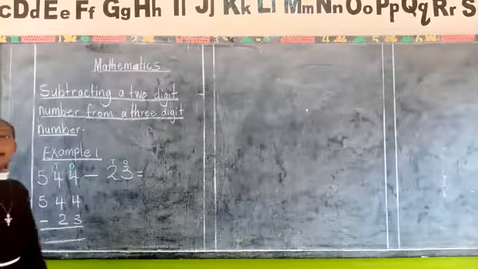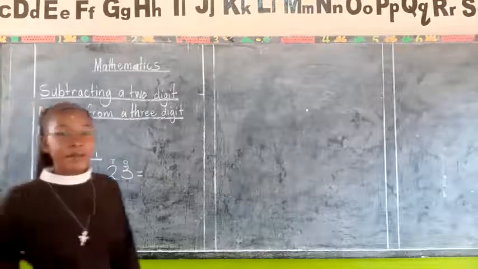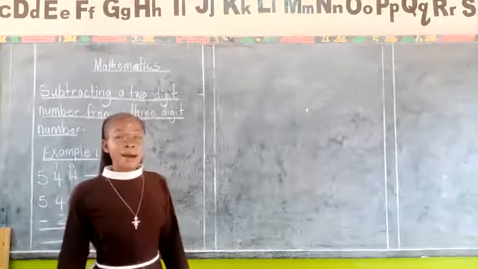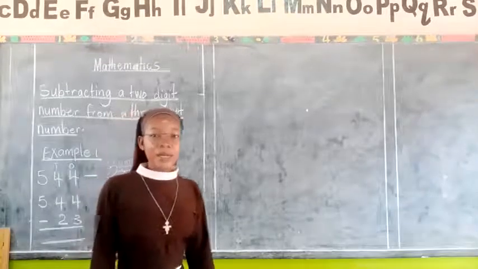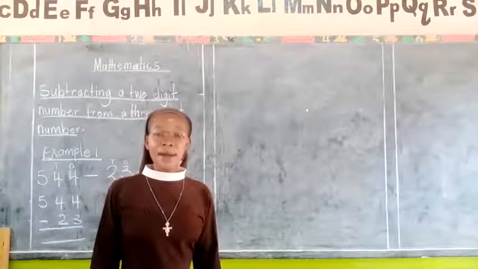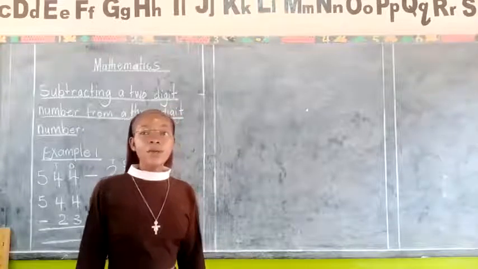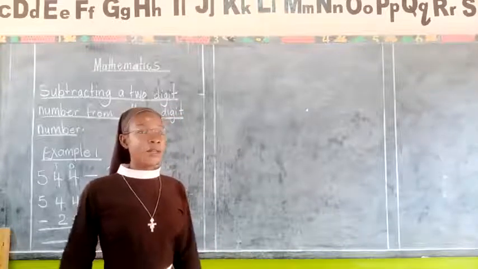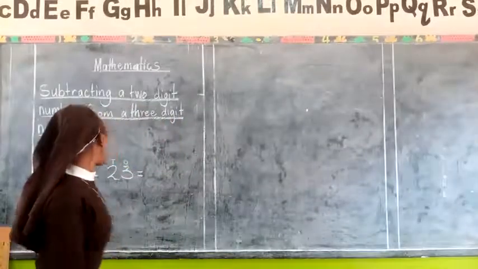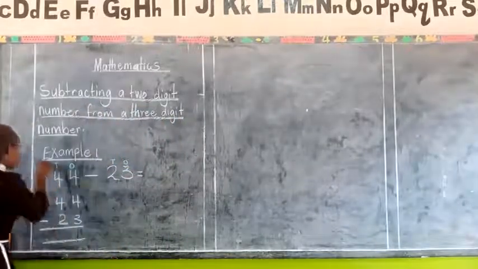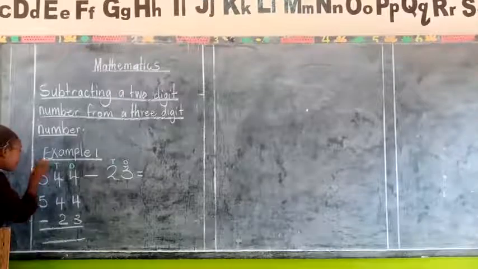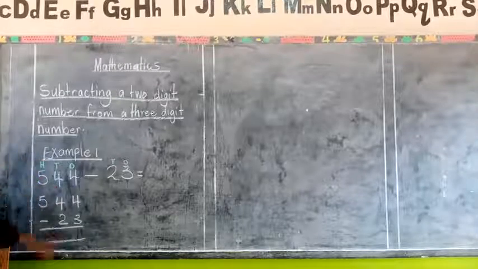It is the hundreds. And which letter do we use for representing the hundreds? We use capital H. So we are going to write here capital H representing the hundreds.